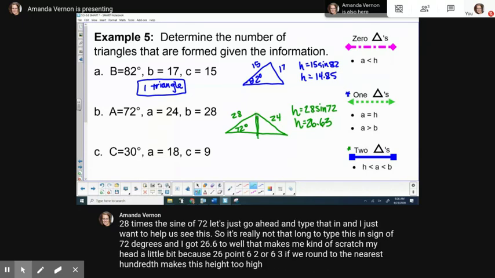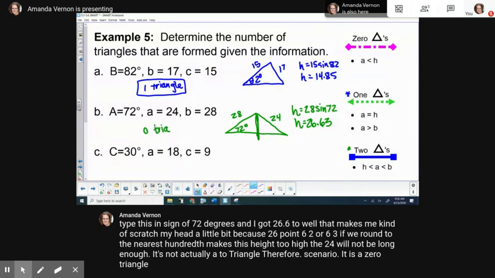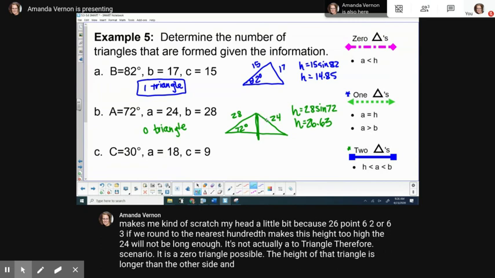The 24 will not be long enough. Therefore, it's not actually a two triangle scenario. It is a zero triangle possible. The height of that triangle is longer than the other side, and therefore it cannot work.